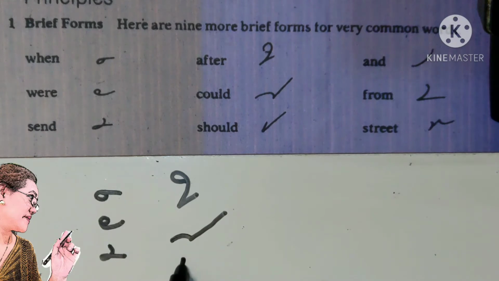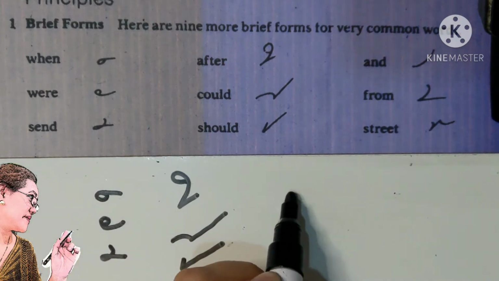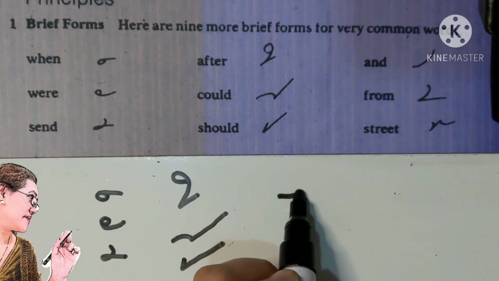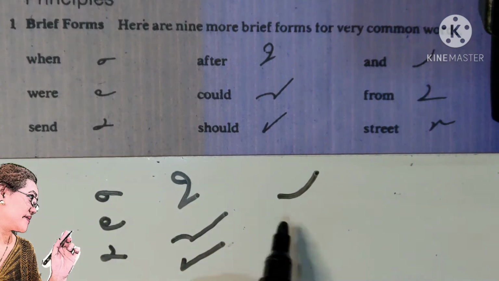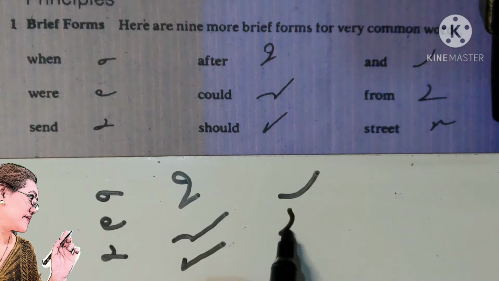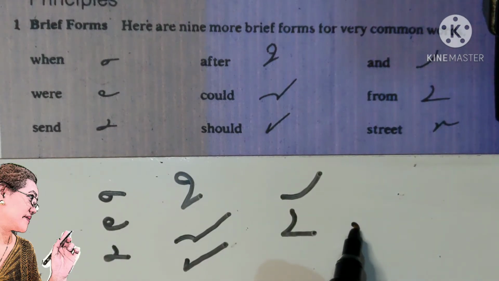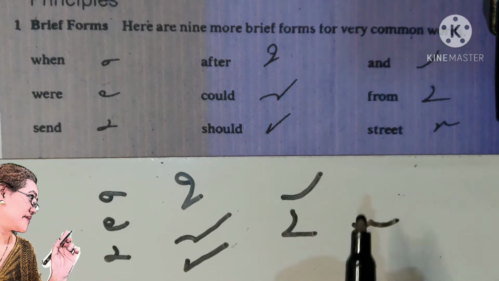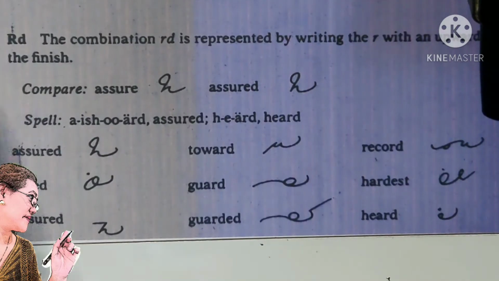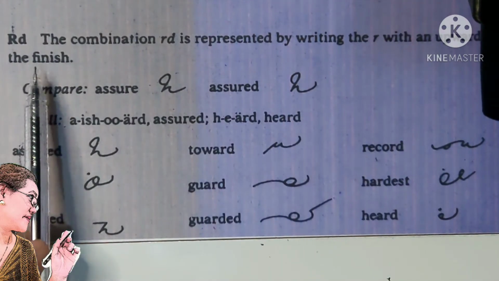"Should," "ish, d." And the full blend of "nd." "From," "fm." "Street," "str," in the combination of r and d.